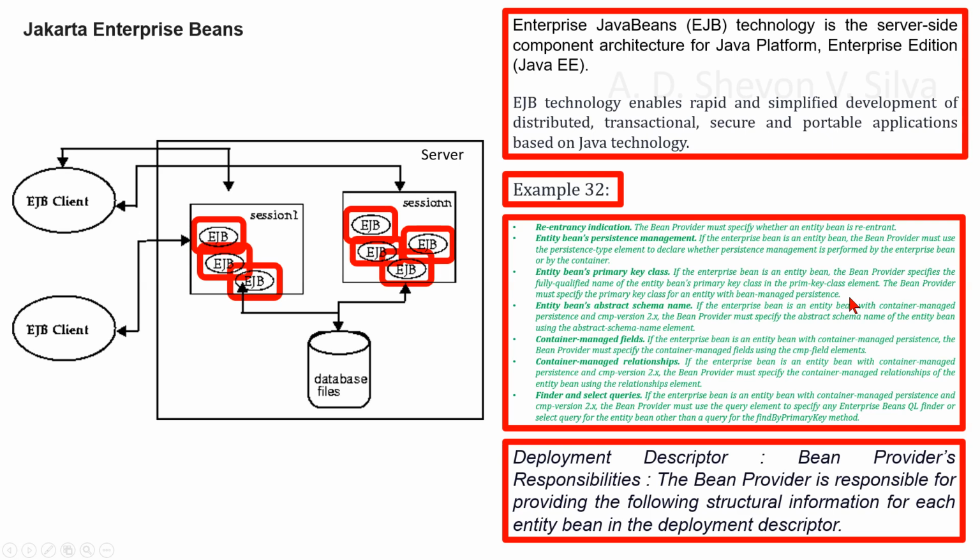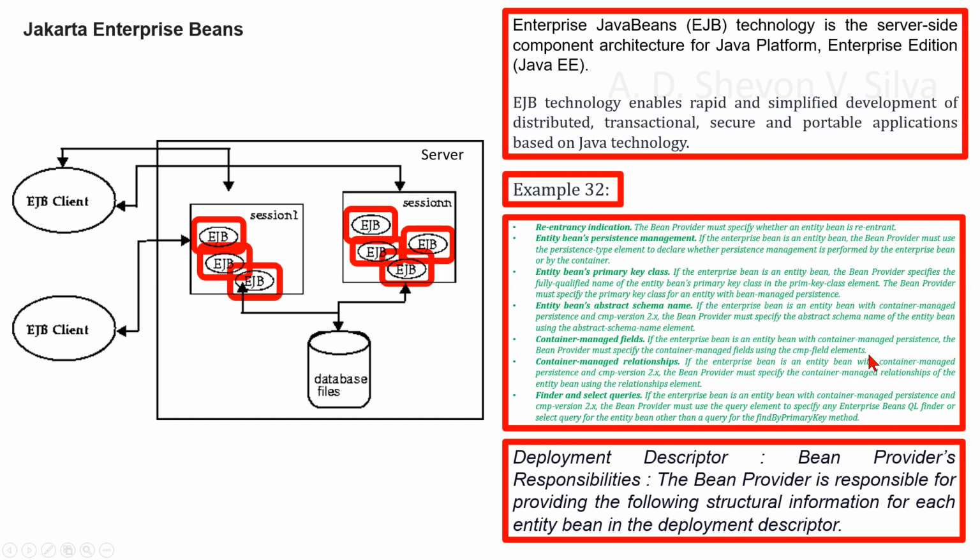The bean provider must specify the primary key class for an entity bean with bean managed persistence. Entity bean's abstract schema name: if the enterprise bean is an entity bean with container managed persistence and CMP version 2.x, the bean provider must specify the abstract schema name of the entity bean using the abstract-schema-name element.